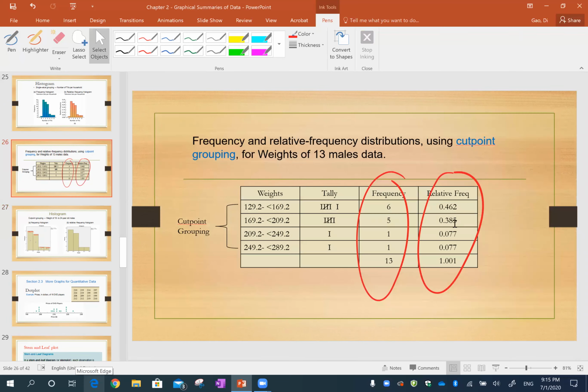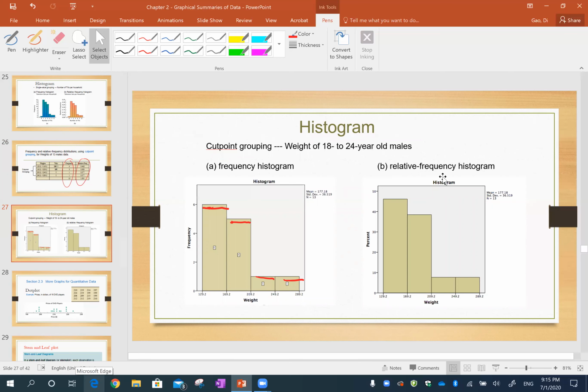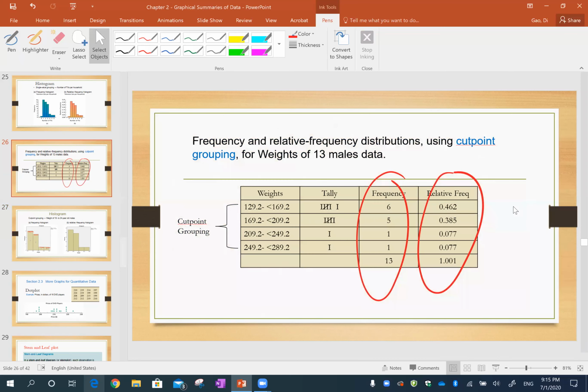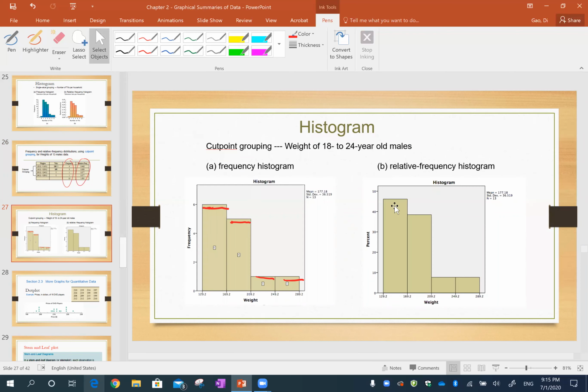And then for the percentage, the relative frequency histogram using percentages: 46.2, 38.5, 7.7, 7.7. So the bars should match whatever frequency or relative frequency we have in the distribution. So this is important.